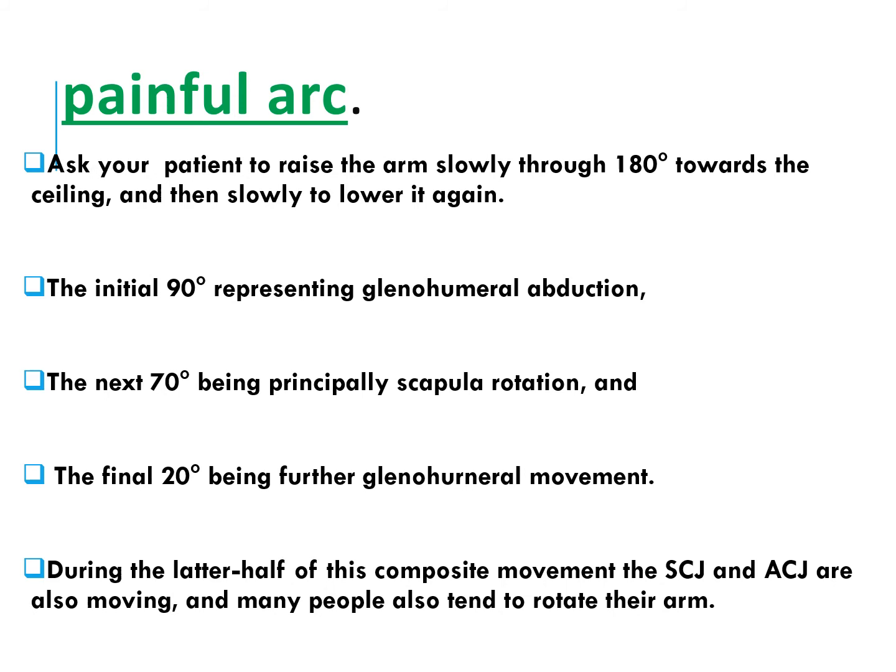Notice that the initial 90 degrees represent the glenohumeral abduction motion, the shoulder joint itself, the next 70 being principally scapular rotation, and the last 20 being further glenohumeral movement. So don't forget these degrees.